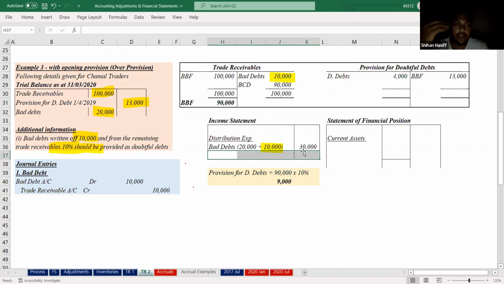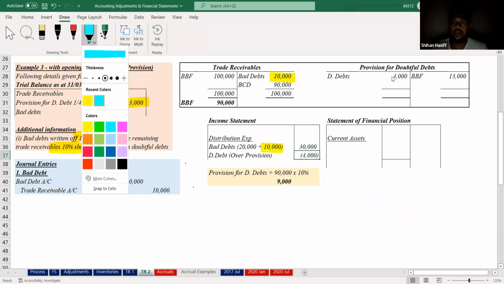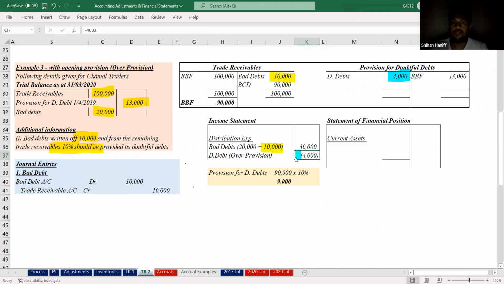Now, under provision was added, expense increased. Since this is an over provision, the expense we have to deduct. Doubtful debt over provision, we can minus. So here is the double entry. 4,000 debit, 4,000 credit. So this is what you need to understand.